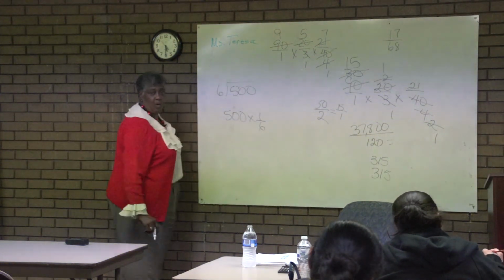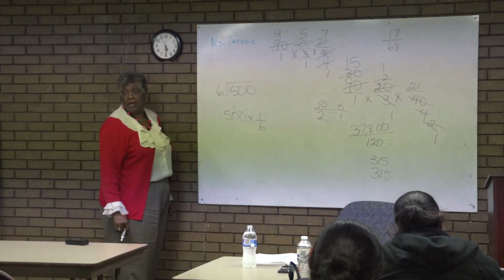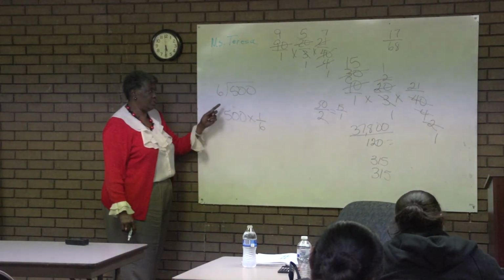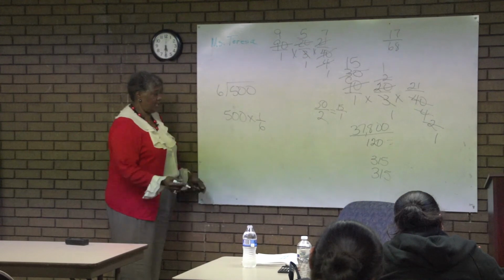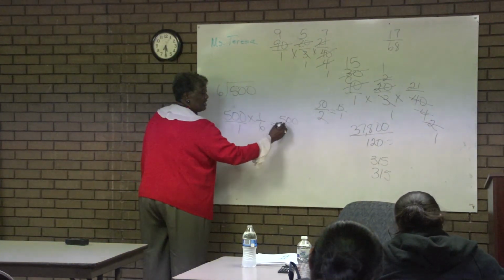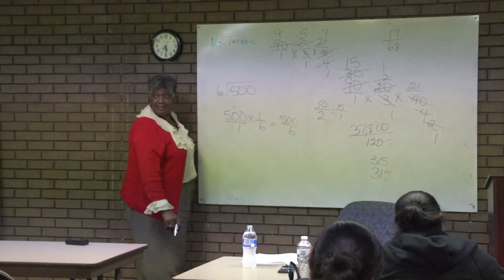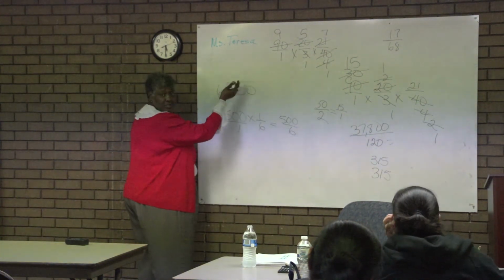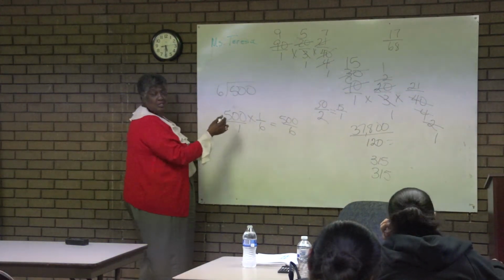To find 1/6 of a number, you multiply 1/6 times the number. Multiply by 1/6 or divide by 6, you're going to get the same thing, because when I multiply by 1/6, I get 500 over 6, which means I have to divide 500 by 6. So instead of going through all that, I could just divide 500 by 6 in the first place.